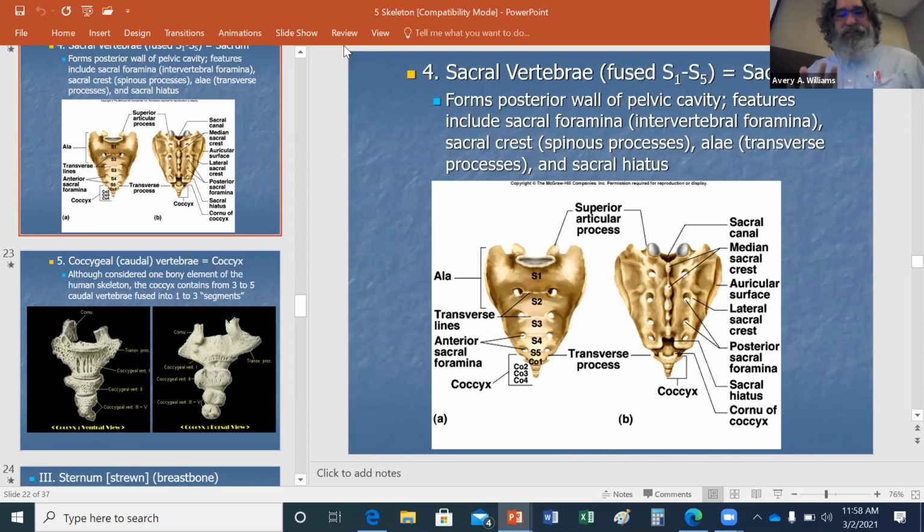But to abduct it means to take it away or move it away from the axis. Pull it away. So adduction and abduction. Abductor, adductor, abductor. Get it? Thank you. So that's all it is. And that's why they name that muscle, because of what it does.